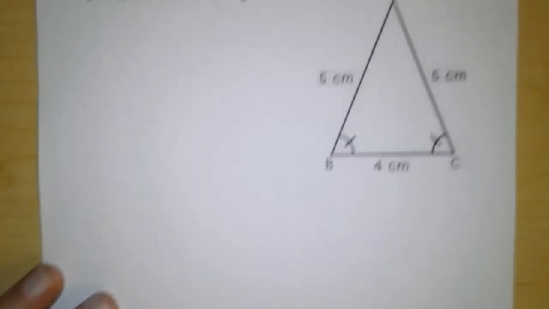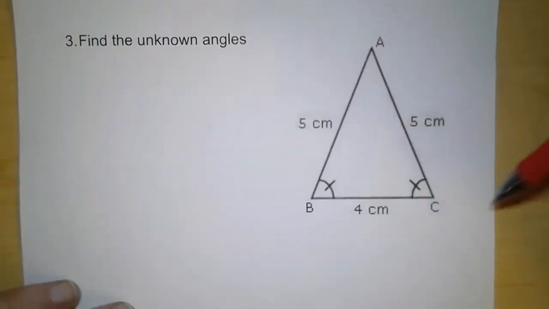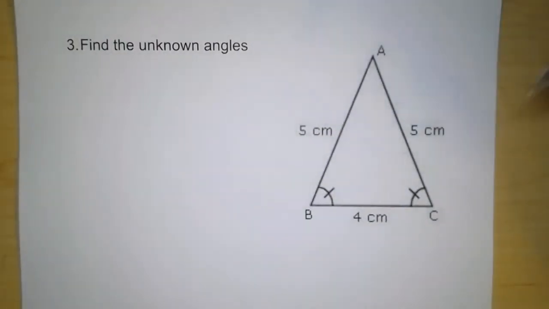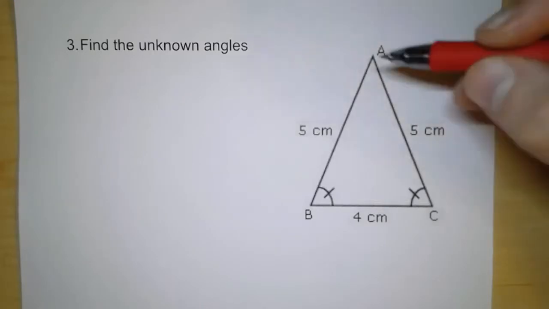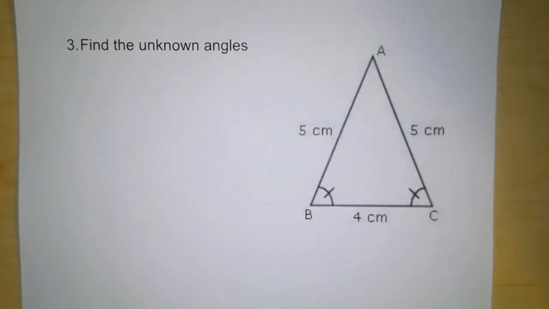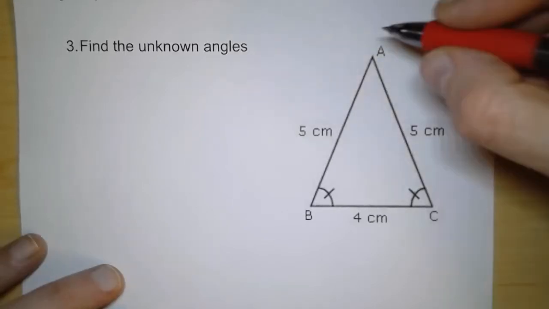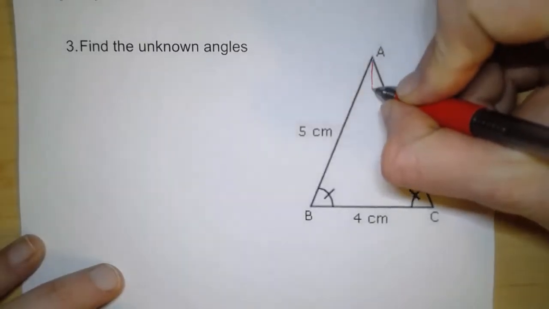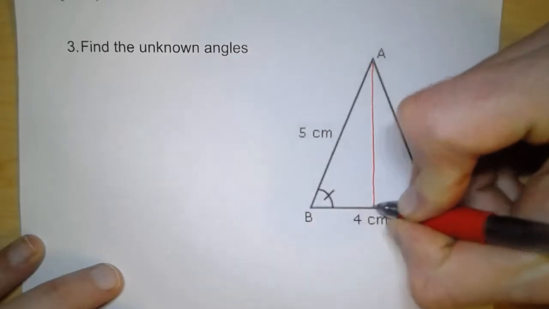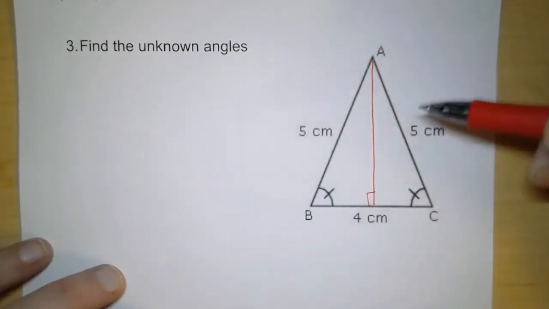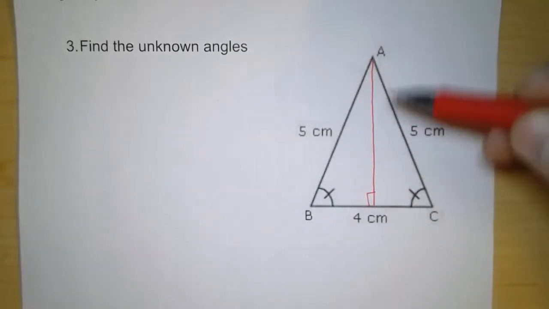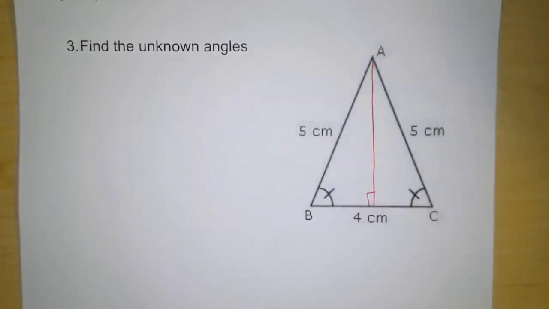Now in the next problem, here we have an isosceles triangle, and we want to find the unknown angles. Now, it seems out of place because this video is all about right triangles. And so the way we solve this is we say, well, let's draw down the altitude. Because it's the altitude, it makes a right angle right here.